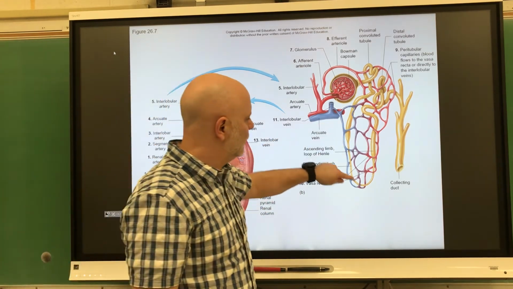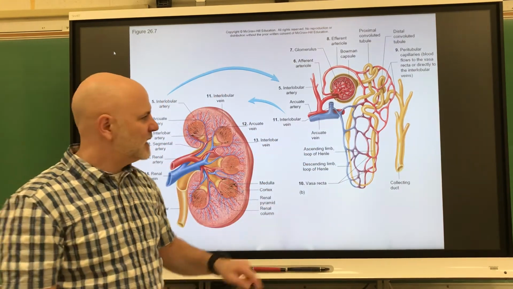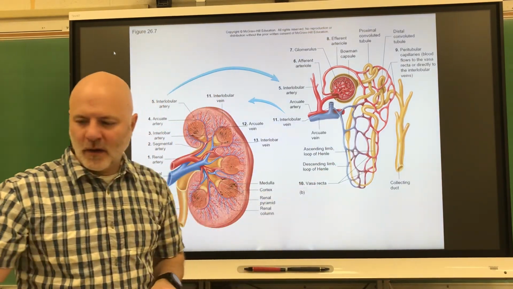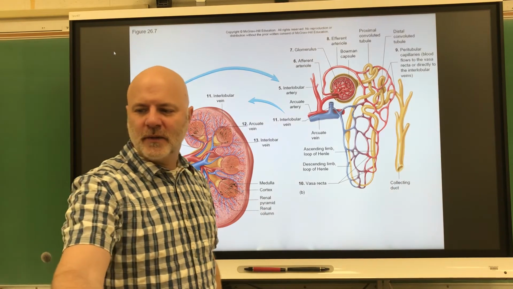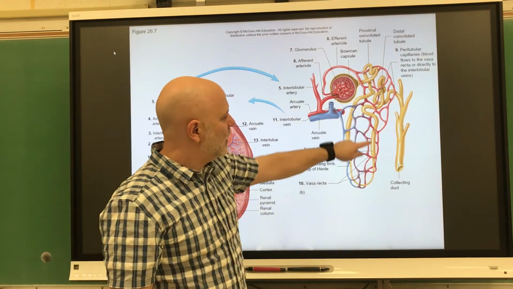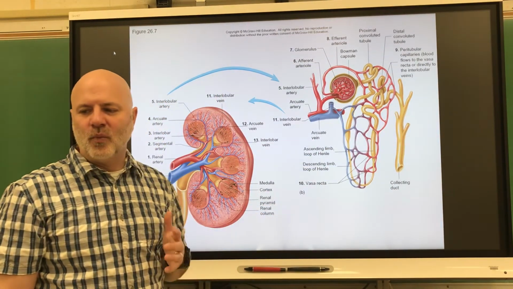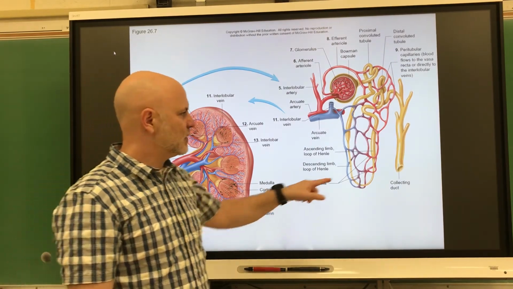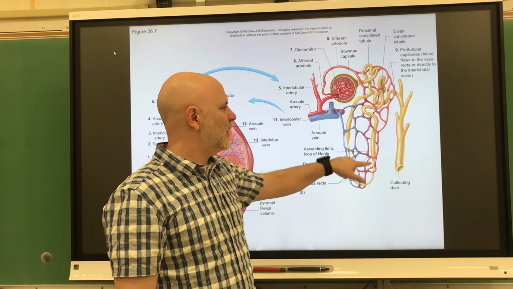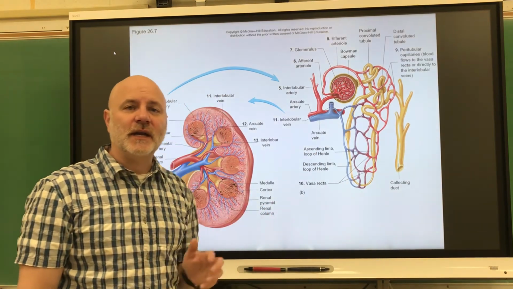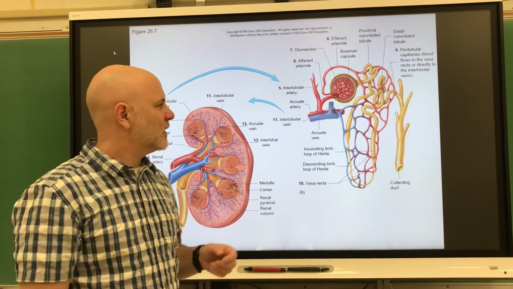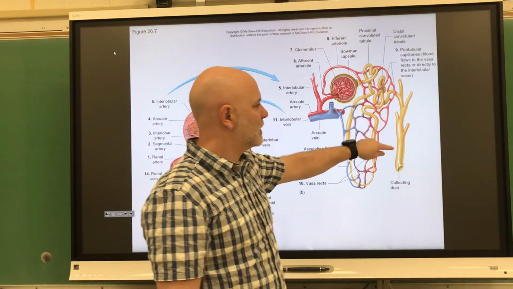In the loop of Henle, the descending limb is where water is reabsorbed. On the ascending limb, on the other side, water is not reabsorbed, and more electrolytes are reabsorbed. This deals with our urine concentration, which we'll get to in a little bit. Next is our distal convoluted tubule and also the collecting duct.